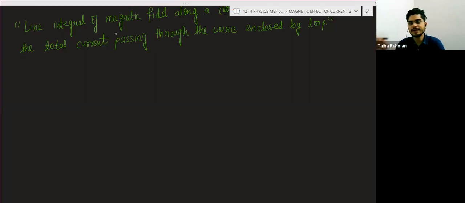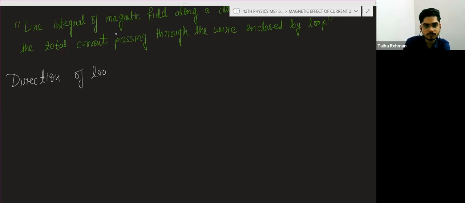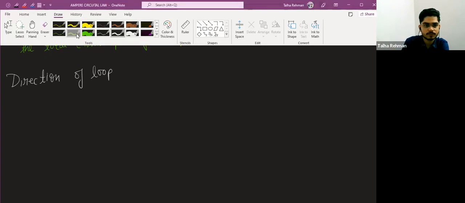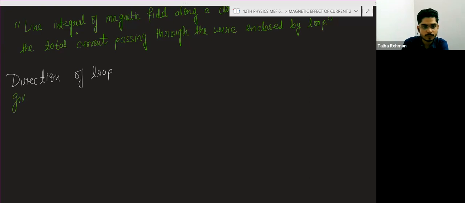Why I am writing all these things, you will get to know when you solve the question. Direction of loop given by the right hand thumb rule. This is a very small topic.